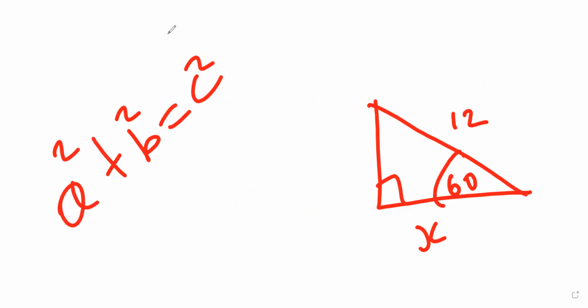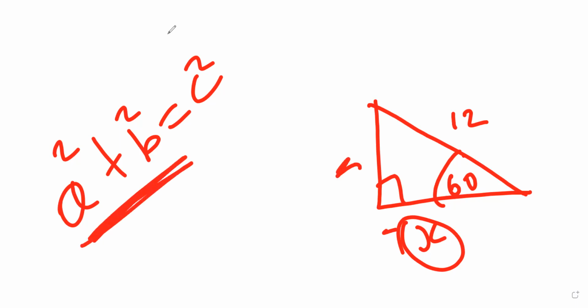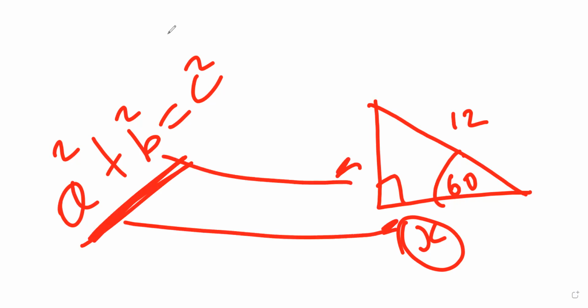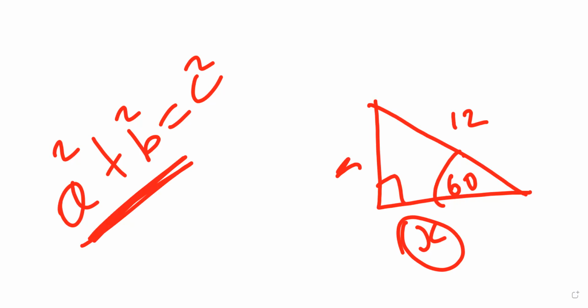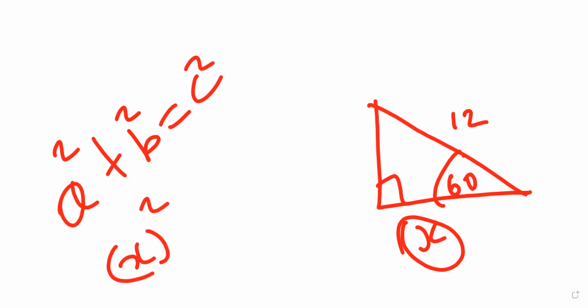Now, number one, we want to find this side. If we were going to use the Pythagorean theorem, remember that the two short sides could be substituted into any one of these. So if I were to plug x into any one of these short sides, I put x right there. Let's just try it randomly, put x in one of them, x squared.